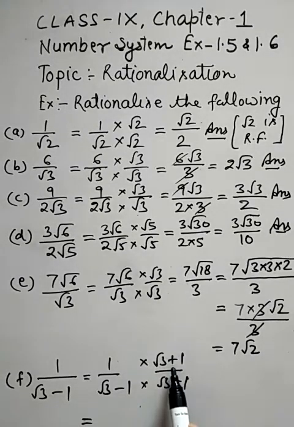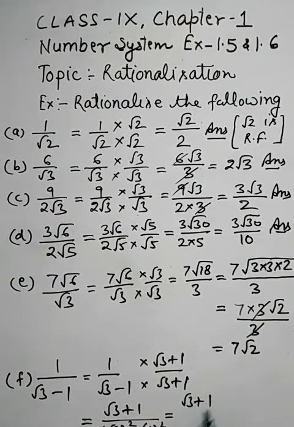Now root 3 plus 1 into root 3 minus 1 becomes the identity a minus b, a plus b, so it becomes a square minus b square. Root 3 square is 3, 1 square is 1. So root 3 plus 1 upon 2. This is the answer.